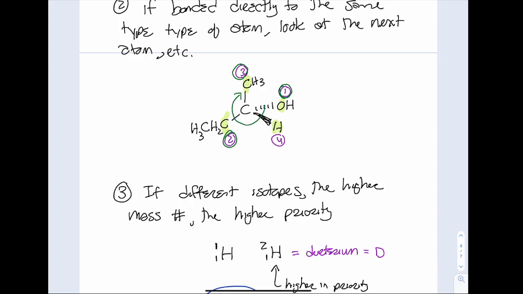And when I go in that direction, it is R, right? Because I'm going clockwise this time. But I know that my answer is completely backwards because I did this with hydrogen coming out instead of going back. So once again, my answer is S. I am just going to take the complete opposite of what I got, because my lowest priority group is the complete opposite of what it should be.